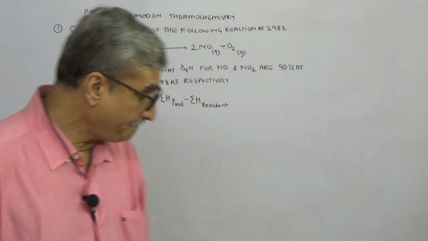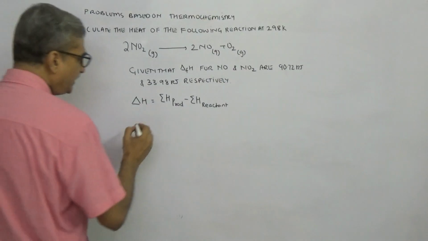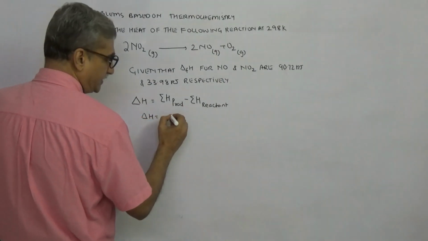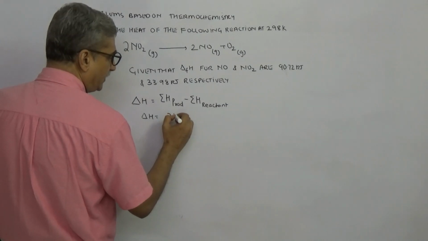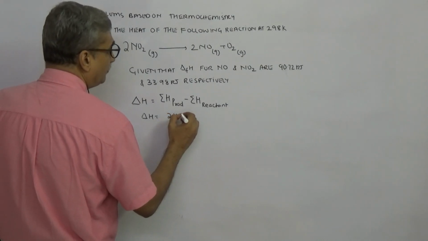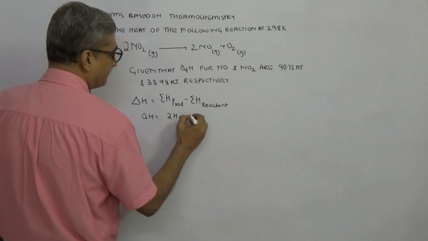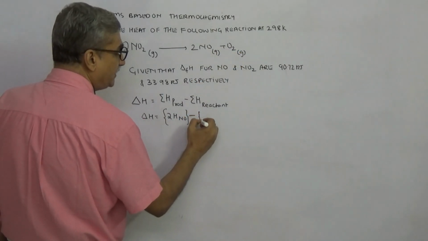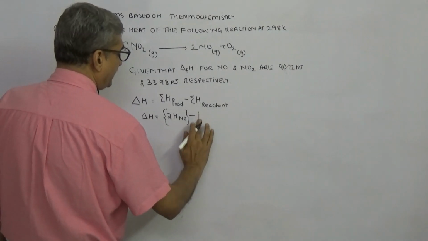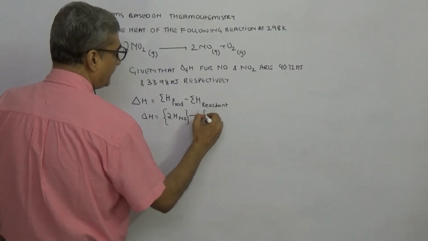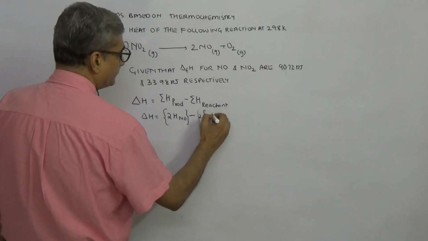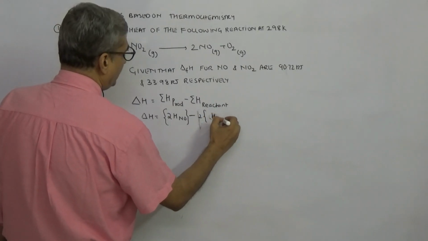This is clear. So here, therefore delta H is equal to enthalpy of product, 2 into enthalpy of NO, minus, I am not taking O2 because O2 is considered to be 0, minus 2 into enthalpy of NO2.